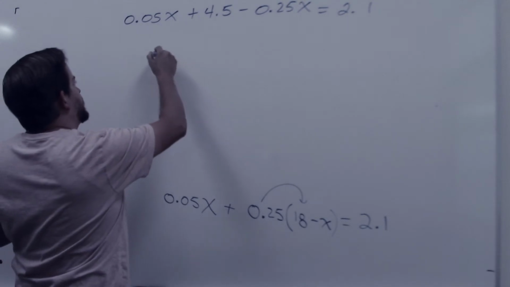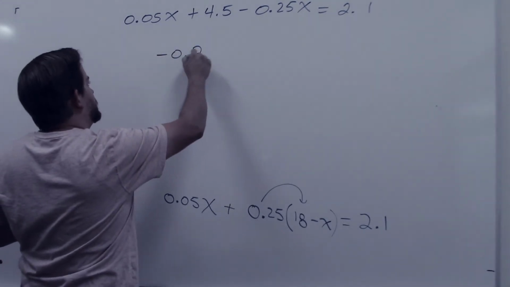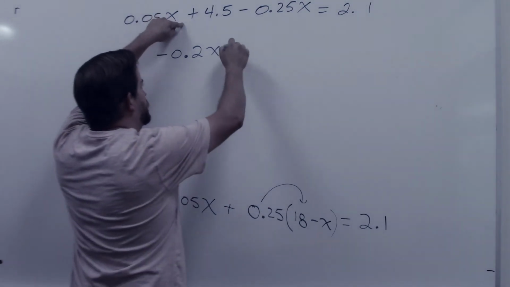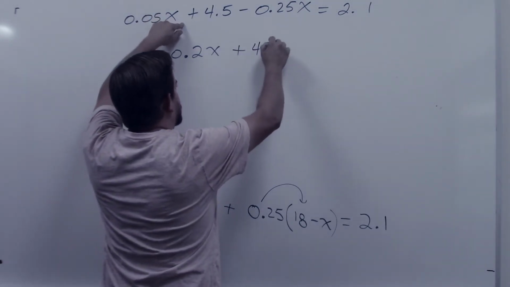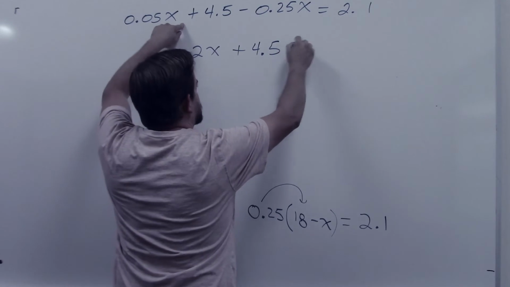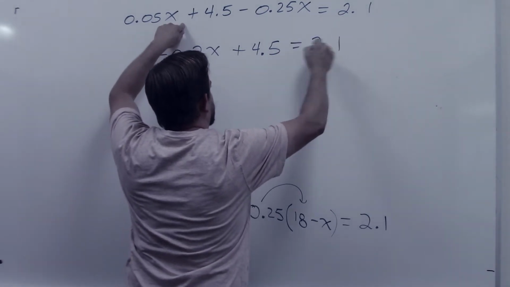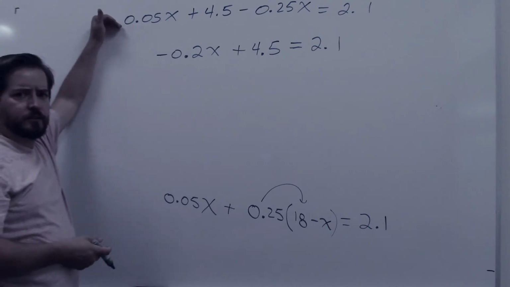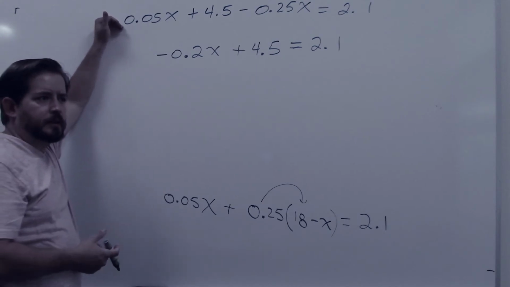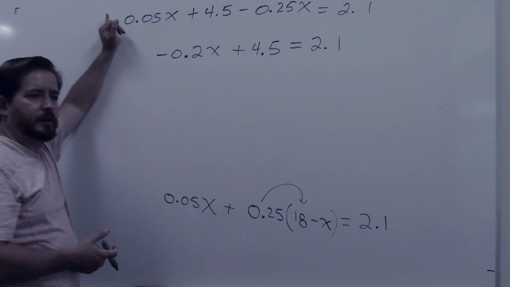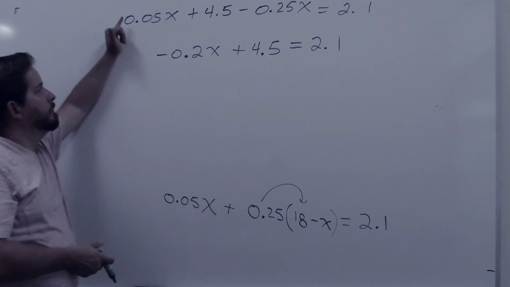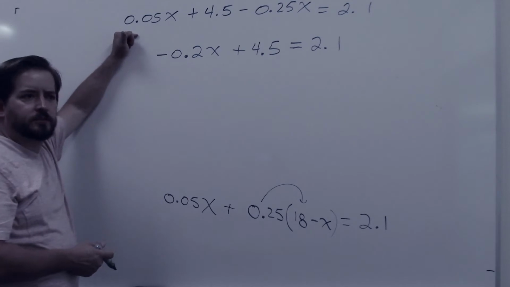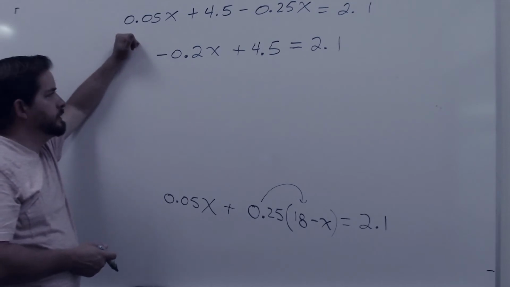So that is negative 0.2x plus 4.5 equals 2.1. At this point, other than the fact that we have decimals, and maybe you don't like decimals, if you don't, multiply everything by 100 and get rid of them. But it's reduced down to a section 1.3 and section 1.2 type question.